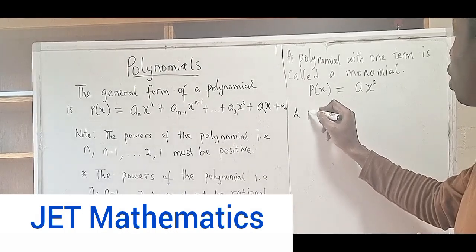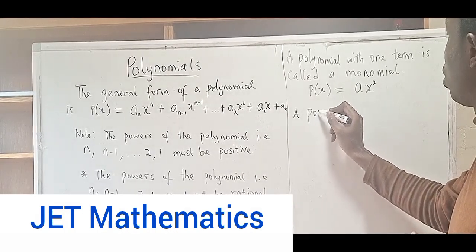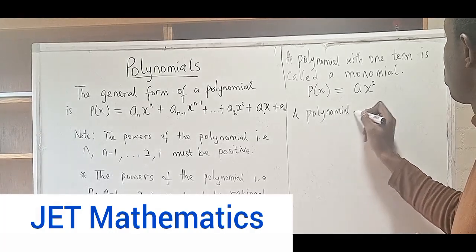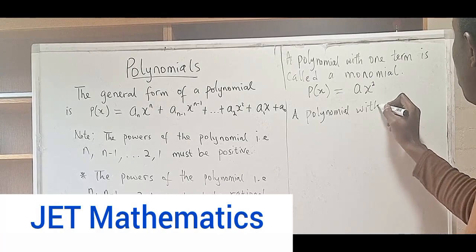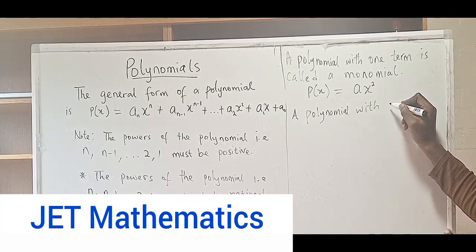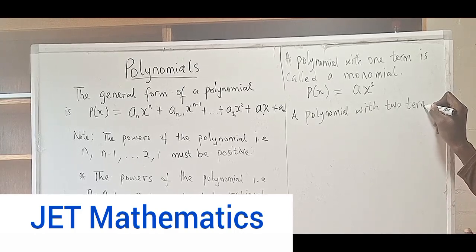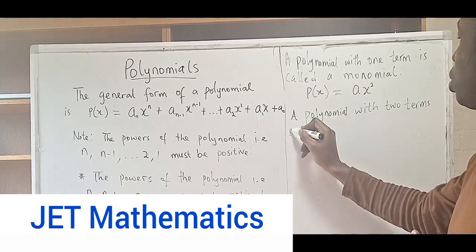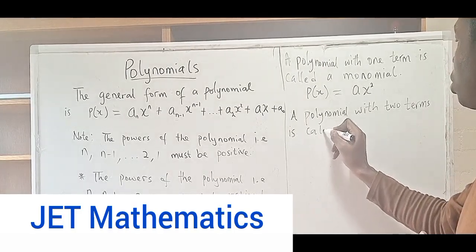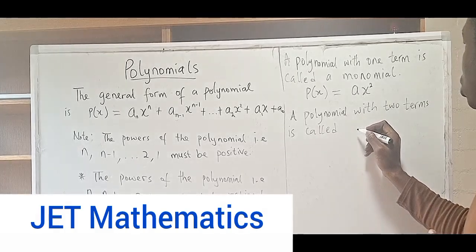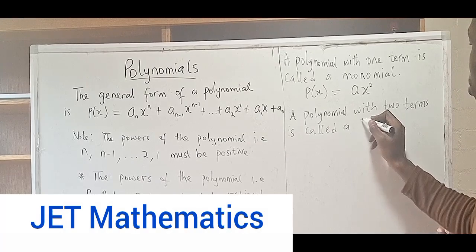A polynomial with 2 terms is called a binomial.